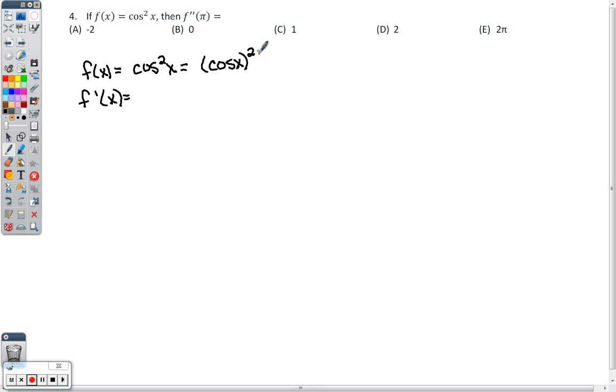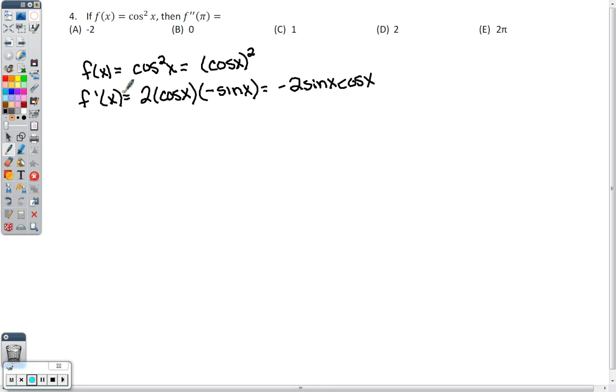So we bring the 2 down, keep the inside the same, and then we take the derivative of the inside. The inside is cosine x, so the derivative will be negative sine x. Okay? So we put it all together and we get negative 2, in whatever order you like here. I like sine x first, don't know why, I just do.